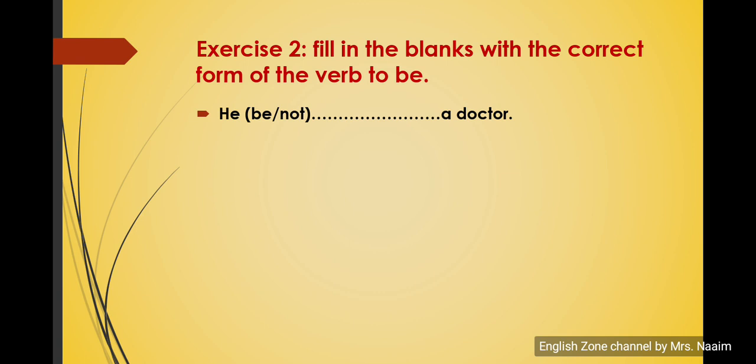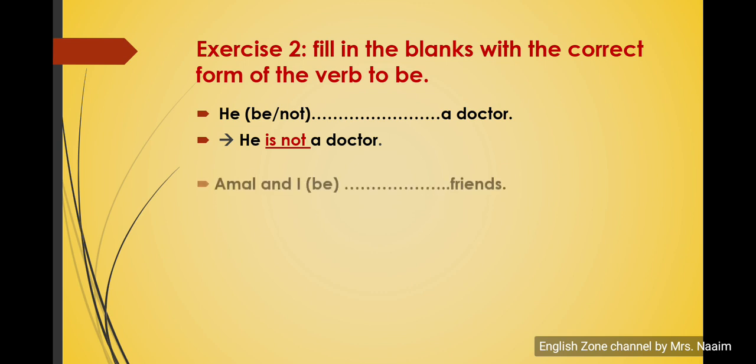So we have is. So here is, but we are talking about the negative form also. Okay. So the answer, what is the answer? Excellent job. He is not a doctor. So we conjugate the verb to be, okay, is plus the negative form not. So he is not a doctor.